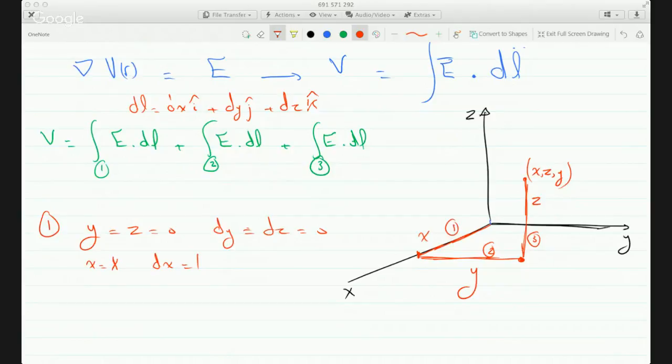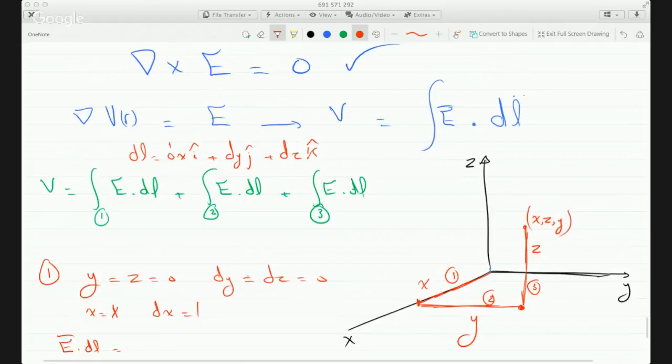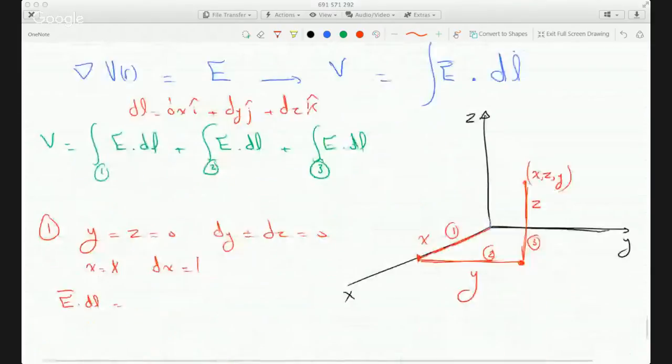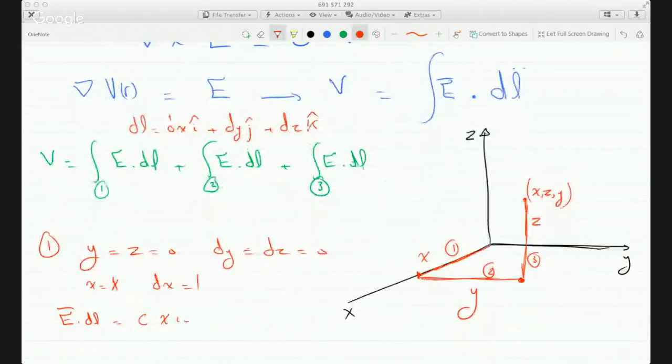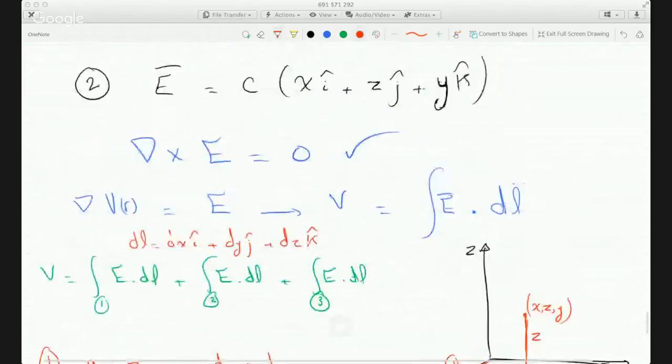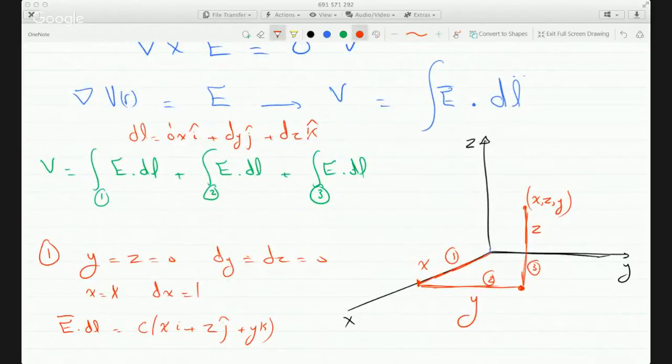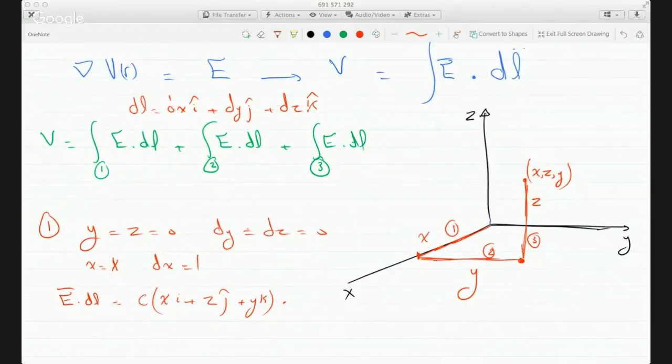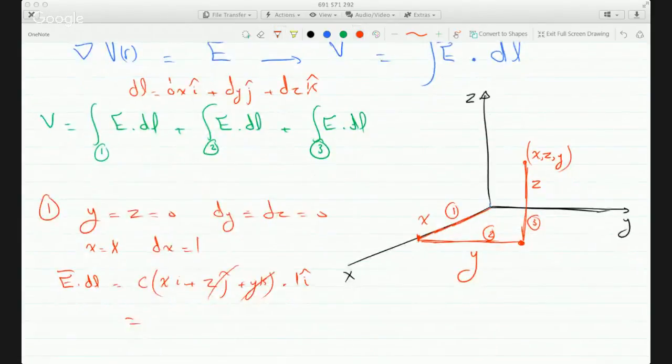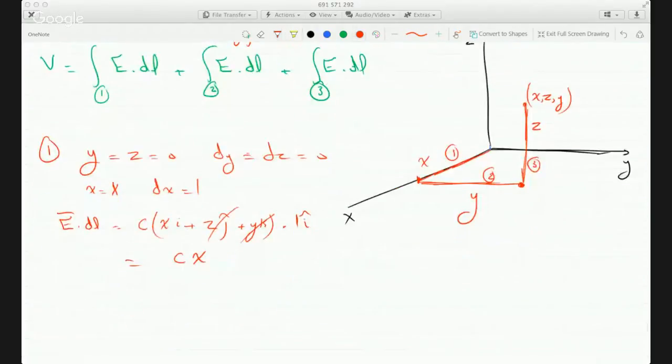So that means E dot dl here will be cx i plus zk plus yk, and this is dot product with dx, which is 1 i, and so clearly these two go away and we get cx times 1, it would be cx. So this is on path number 1.